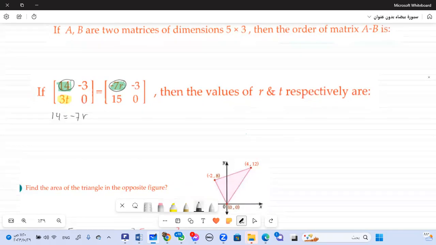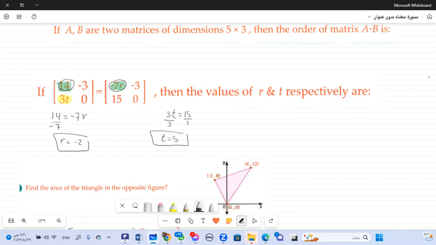Negative 7 multiplied by r, the opposite operation is divide, not add or subtract. So 14 divided by 7, so r equals negative 2. 3t equals 15, divide by 3, so t equals 5. Okay, it is very easy.